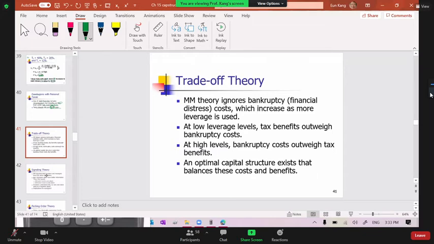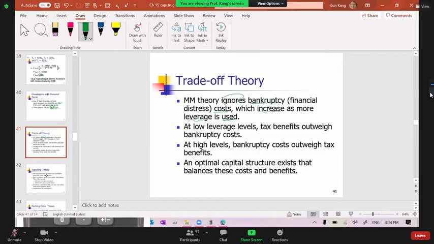Then trade-off theory is better than MM theory because MM theory ignores bankruptcy. As I said, there is financial distress cost, which increases as more debt is used. Leverage means that more debt is used. So if you borrow more and more, the bankruptcy cost goes up, right?